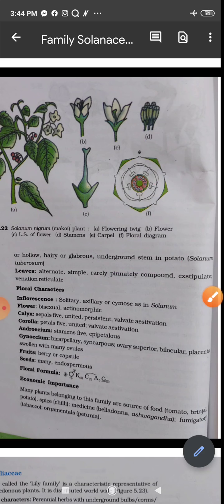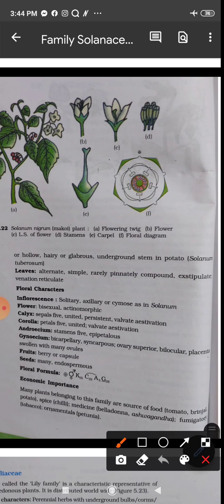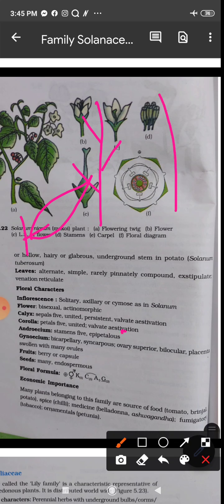We come to the next character, that is leaves. Leaves are alternate, right? I showed you yesterday. Leaves are alternate, right? They are simple. We studied a simple leaf, right? Rarely pinnately compound, right? Rarely pinnately compound means like if you look at a neem leaf, what is a compound leaf? A compound leaf has the main axis, right?